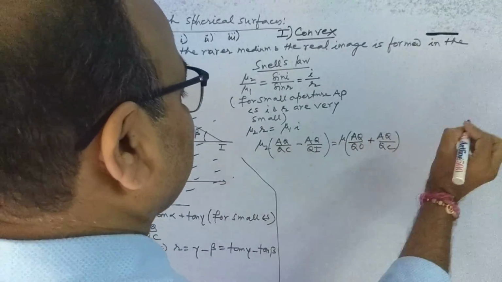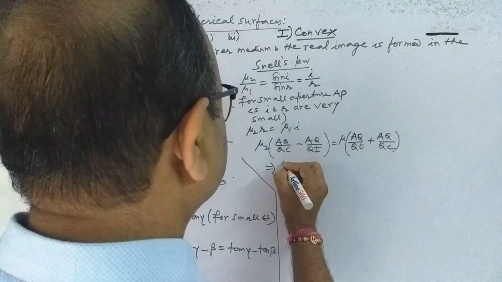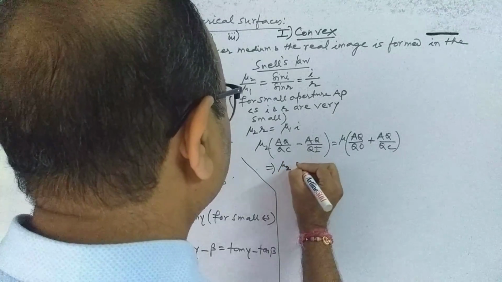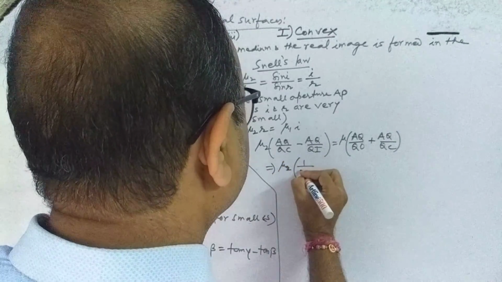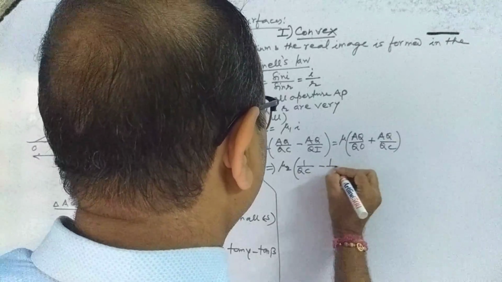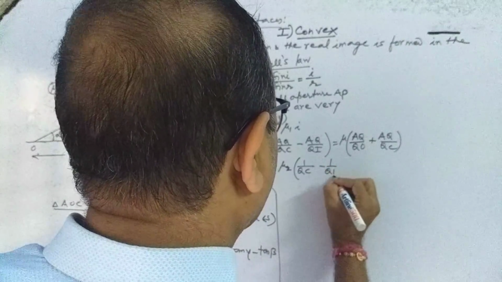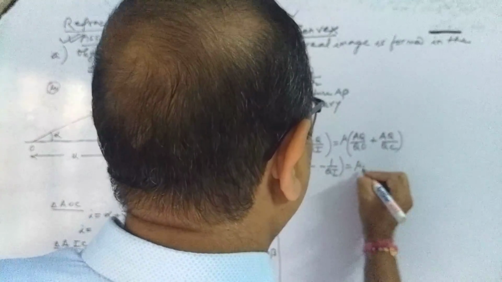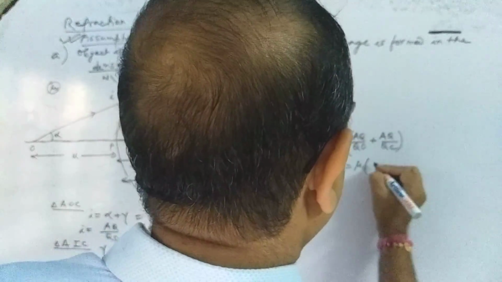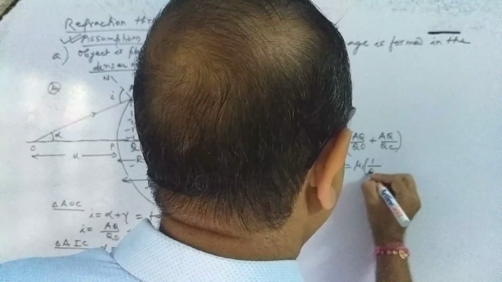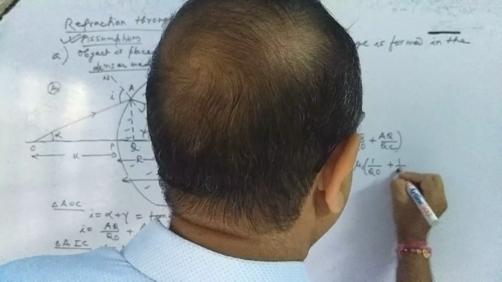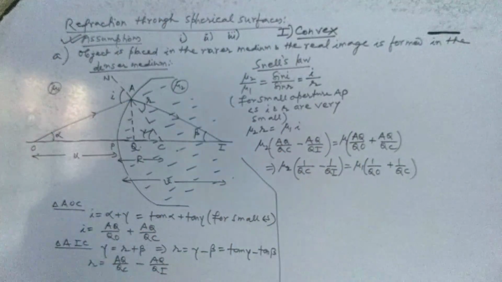From both sides, AQ will be cancelled. So mu2 times 1 by QC minus 1 by QI is equal to mu1 times 1 by QO plus 1 by QC.